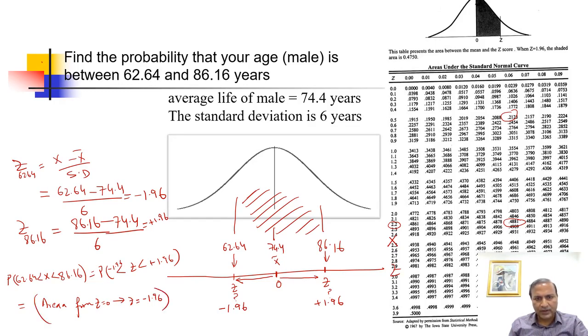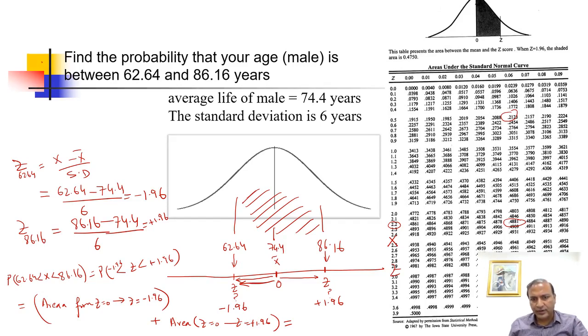This is one area from this point to this point, and then we have to add the area from z equal to 0 to z equal to plus 1.96. And you see, the area for minus 1.96 is actually the same because the normal distribution is symmetric, so on both sides the area is the same.